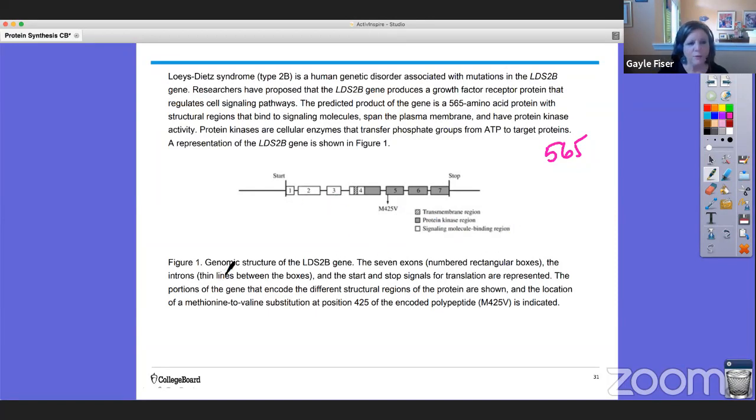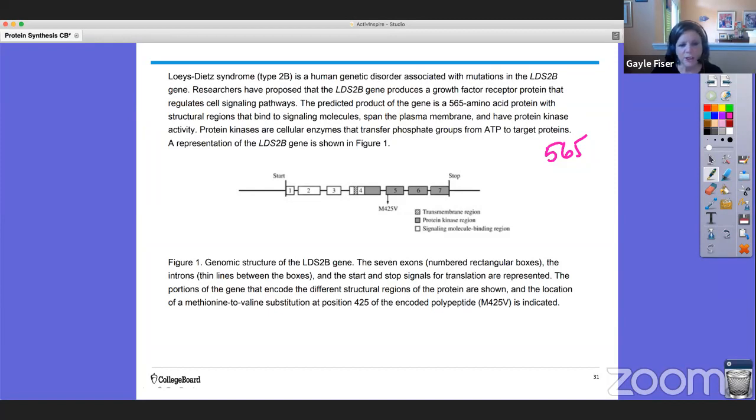Okay, figure 1, genomic structure of the LDS2B gene. The 7 exons, so that's what we're talking about right here. These boxes are the exons, and so those little lines would then be the introns. The 7 numbered rectangular boxes are the exons, the lines between the boxes are the introns, and the start and stop signals for translation are represented.